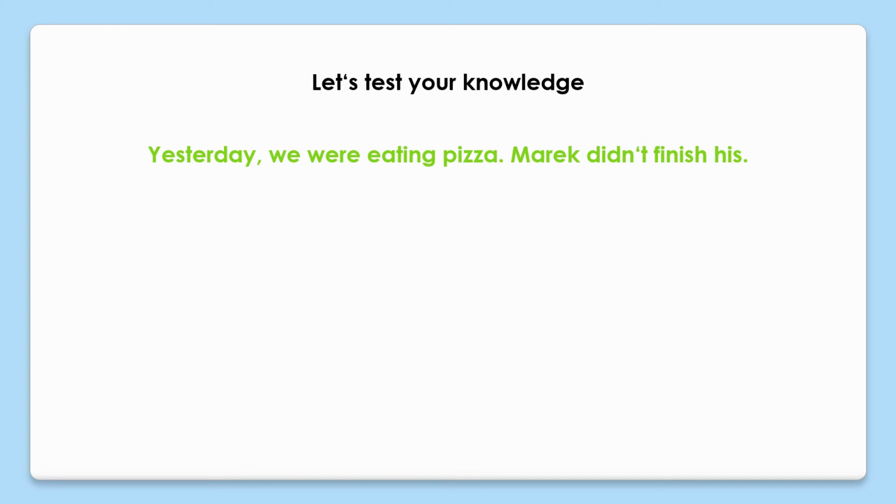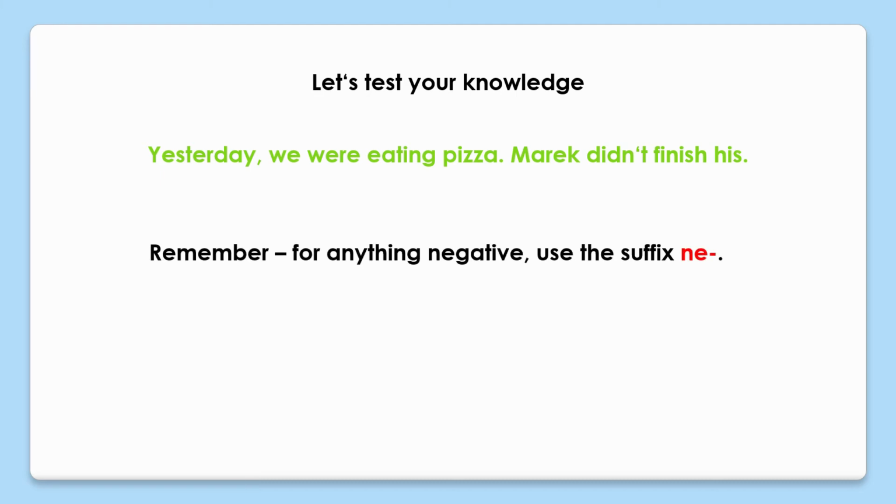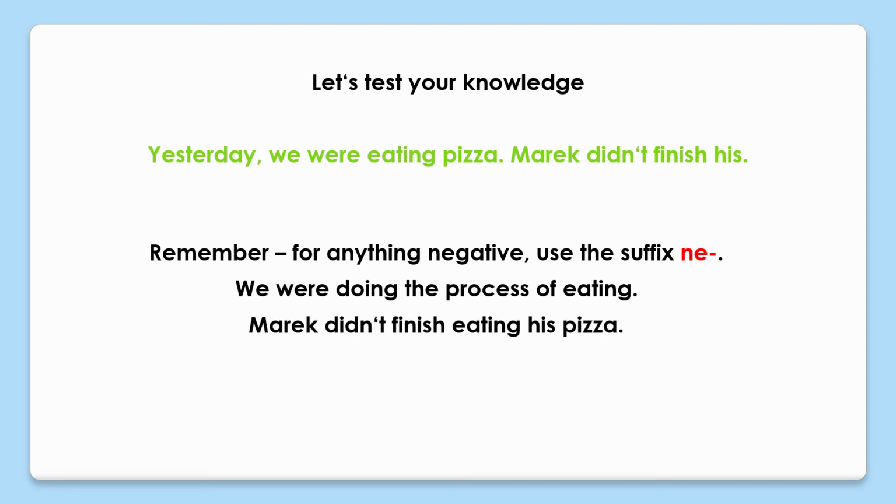So, let's say yesterday we were eating pizza and Marek didn't finish his. Didn't finish, that's the negative. So we need to use the prefix nie. So remember, in the first sentence, we were doing the process of eating, but Marek didn't finish.